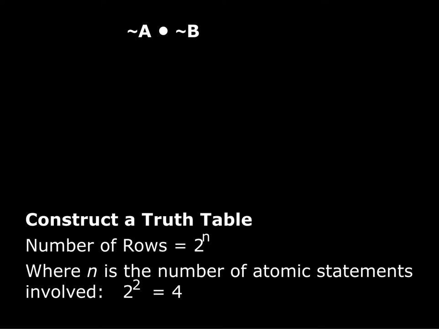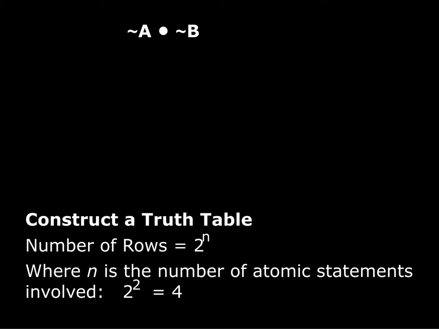Okay, so when we're constructing our truth table, we need to draw a grid. In the last video for 2.1 and 2.2, you saw a lot of these grids for the example, the conjunction truth function. We need to know how many rows and how many columns to make.